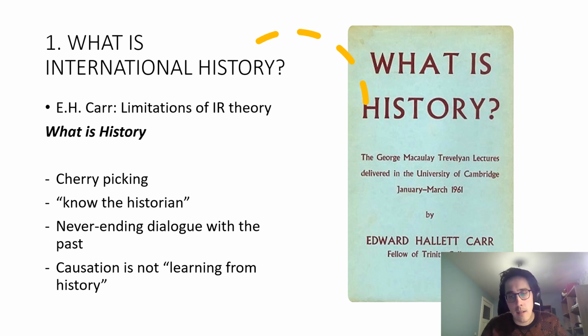And he highlights elements that are important in historical methodology, something the historian should do or shouldn't do. As in the first case, the historian shouldn't cherry pick. What historians do is they go to the archive, they develop a thesis, or they should develop a thesis, and they should then try and see if the archive backs up the argument they're trying to make.